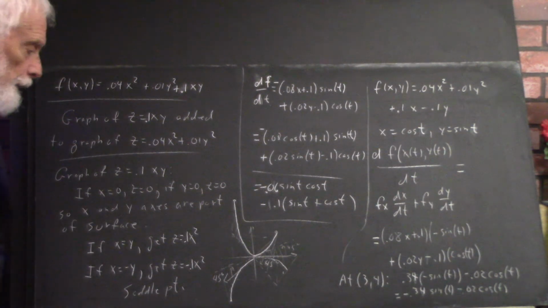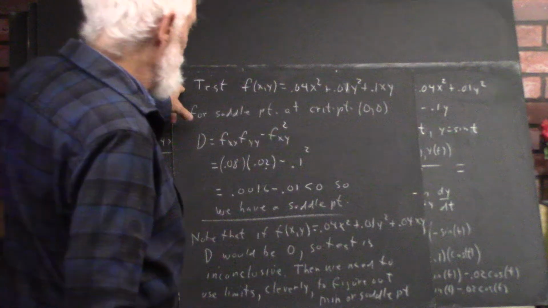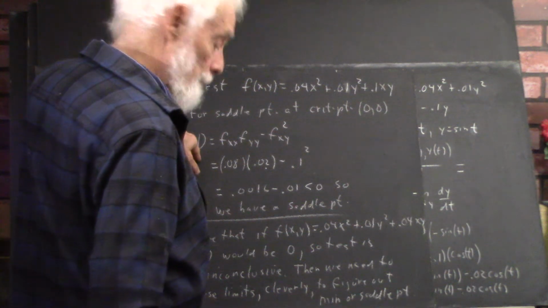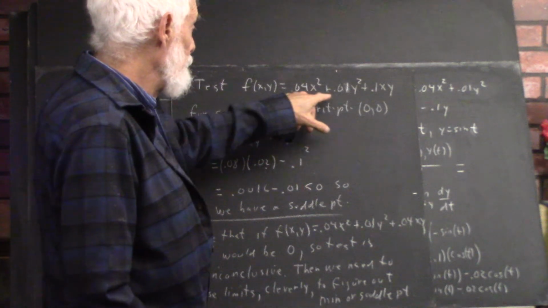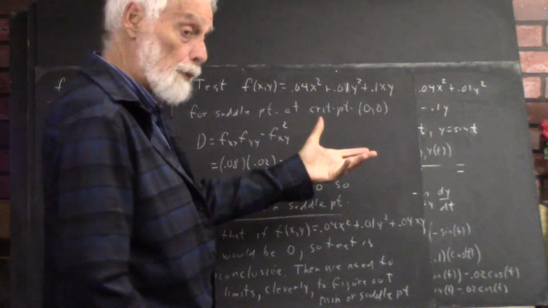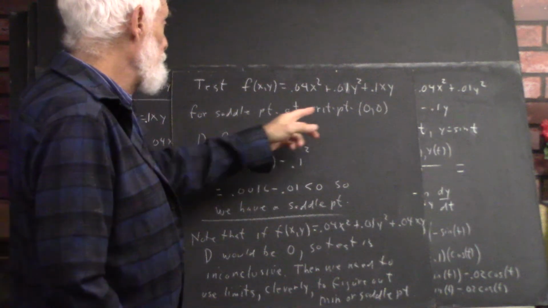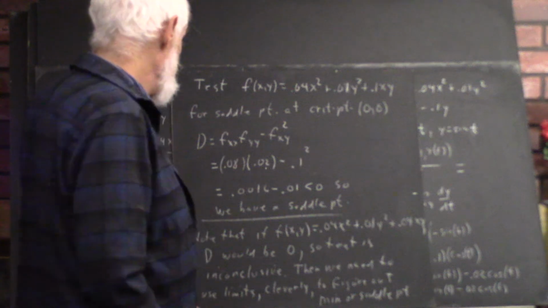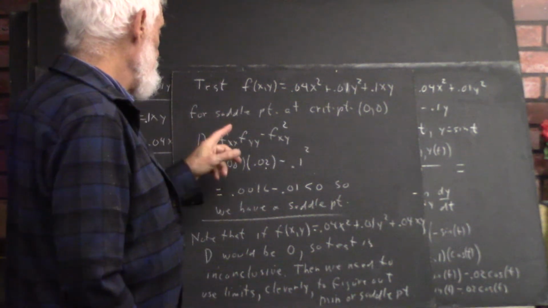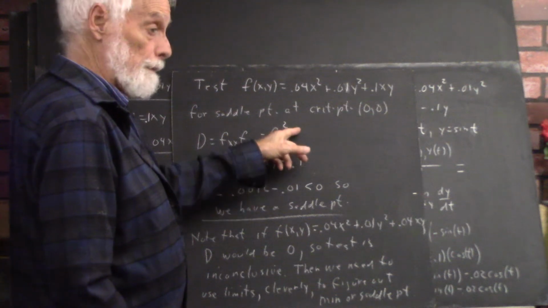showing that that's the case, we can do the discriminant test that we've seen earlier. If f of xy is 0.04 x squared plus 0.01 y squared plus 0.1 xy, the function we have here, for a saddle point at the critical point 0, 0, and you can verify 0, 0 is a critical point, this discriminant is fxx times fyy minus fxy squared.